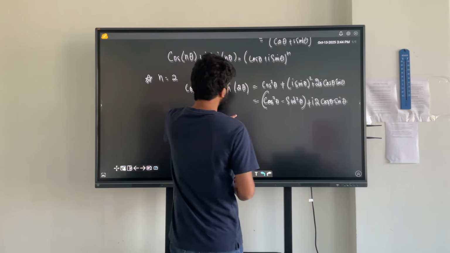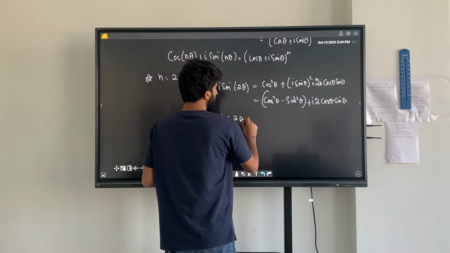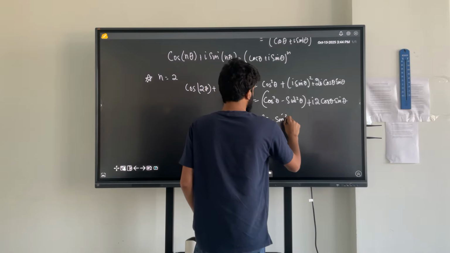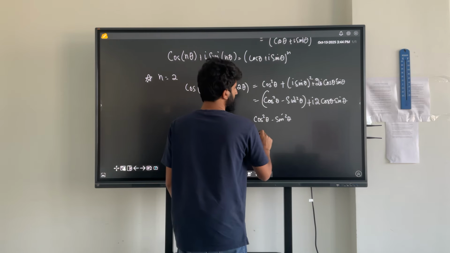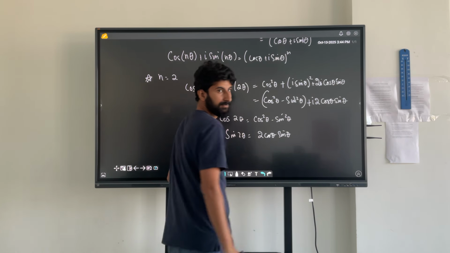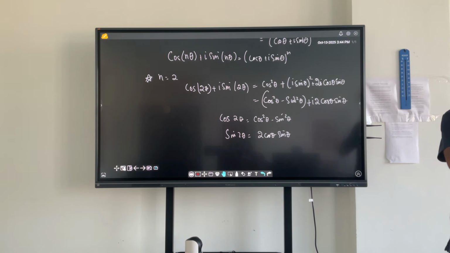So let's equate the real parts. What do we get? Cos 2 theta is cos square theta minus sin square theta, and sin 2 theta is equal to 2 cos theta sin theta. These are the so-called double-angle formulas, if you remember.